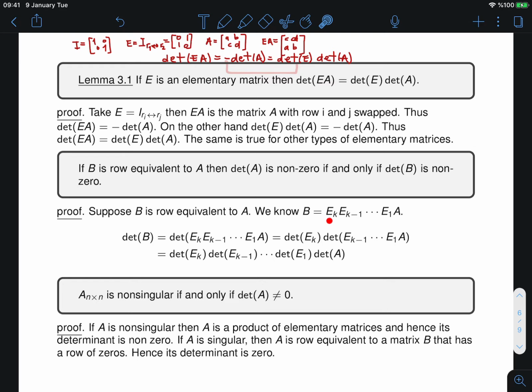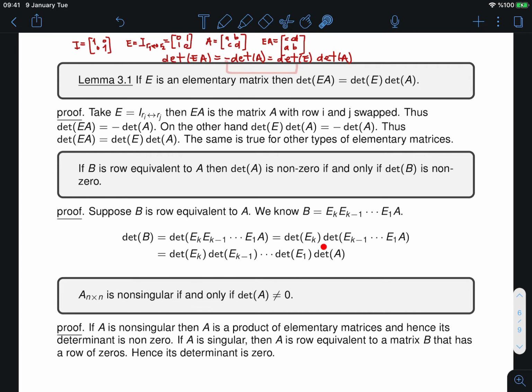Now let's use this idea. I know that if I have the determinant of an elementary matrix times another matrix, I can separate them this way. Now, this is an elementary matrix and this is another matrix. So I can separate this into two parts, one with this determinant and the other with this determinant.